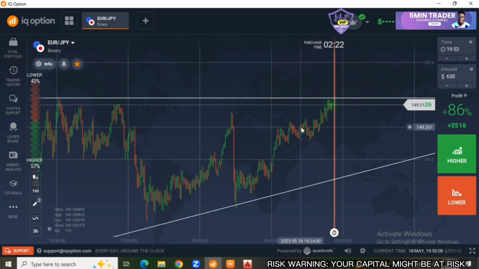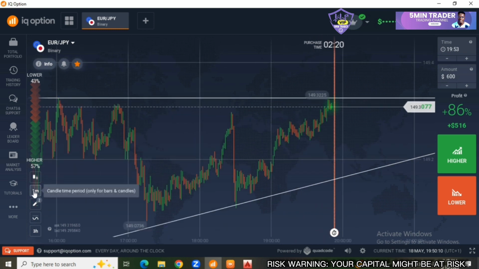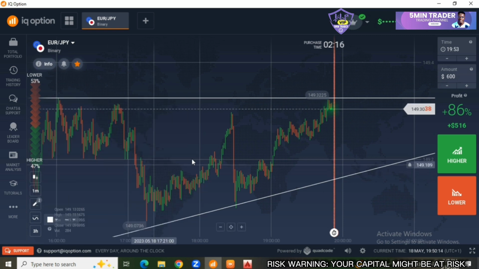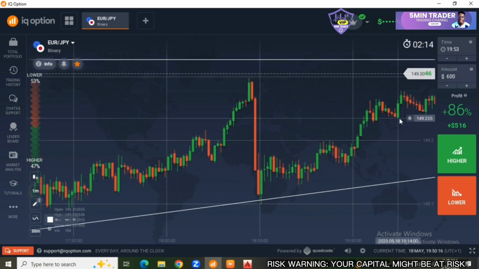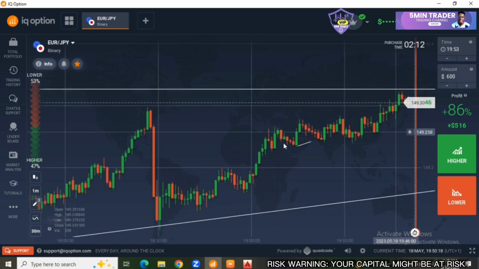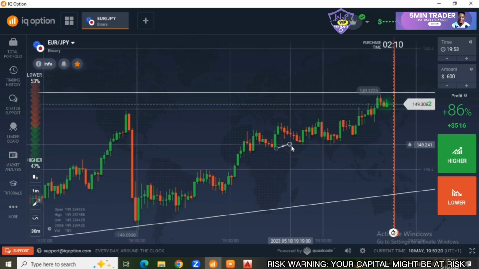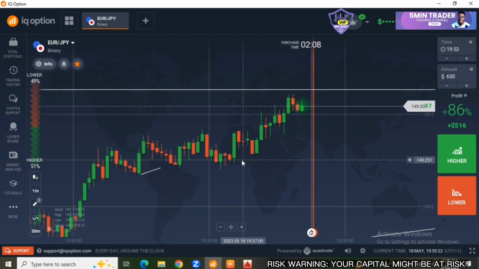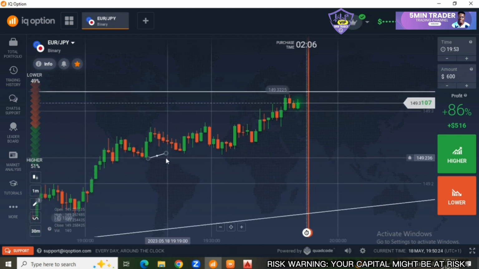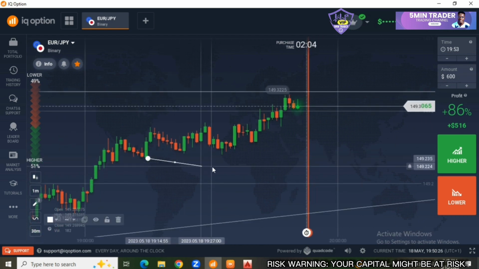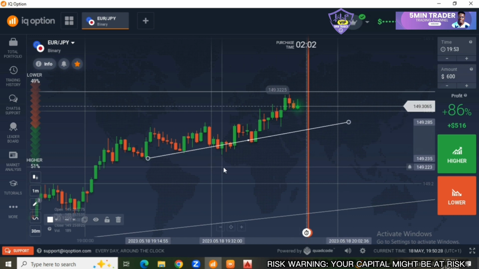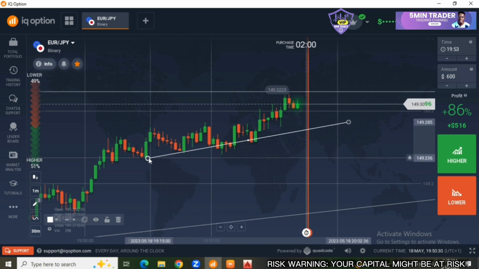So that being said, the next thing I'm going to do is draw a trend line, and I'm going to have it at this level. I'm going to focus on this lower time. This is the previous 30 minutes, so I will have a trend line.